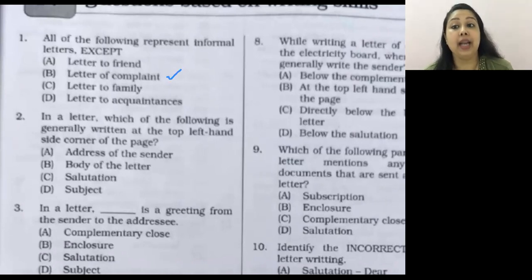Second one. In a letter, which of the following is generally written at the top left hand side corner of the page? Tell me. Top left hand side. It is always. Why are you all so confused? What happened?